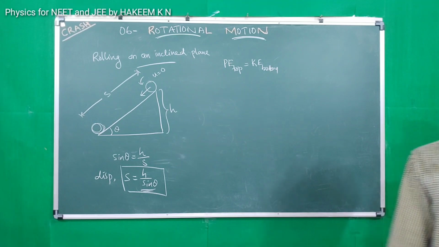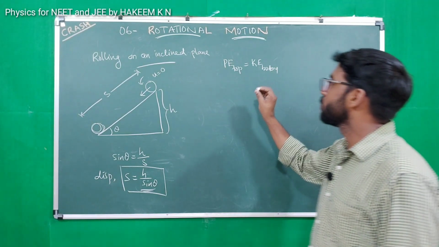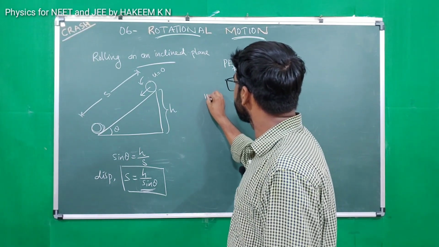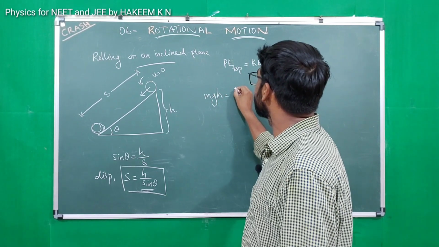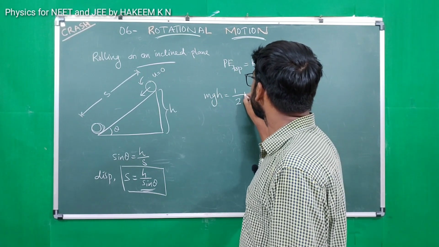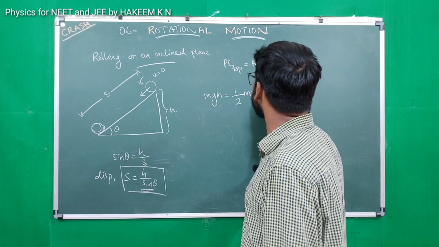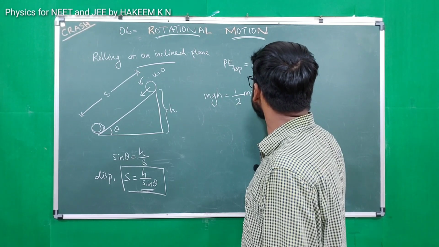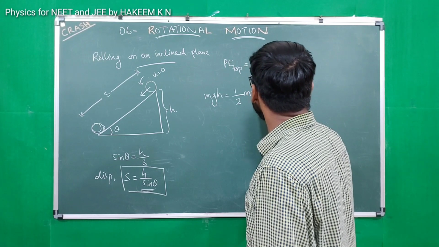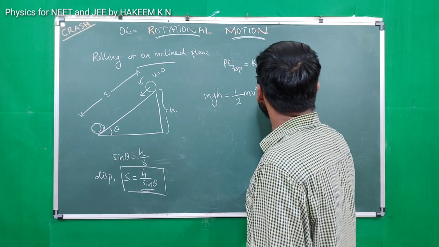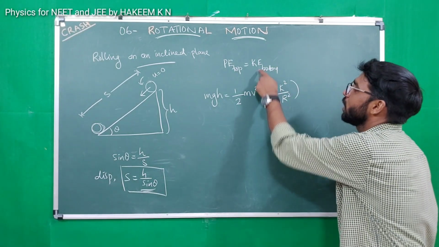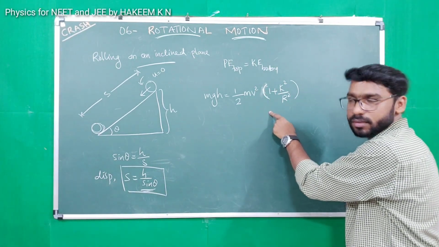Potential energy at the top is mgh, and kinetic energy at the bottom is half mv square into 1 plus k square by r square, because here we have to take the kinetic energy of rolling.